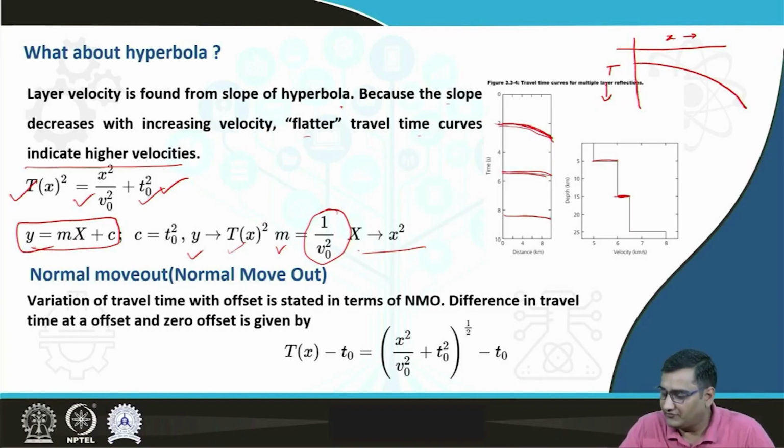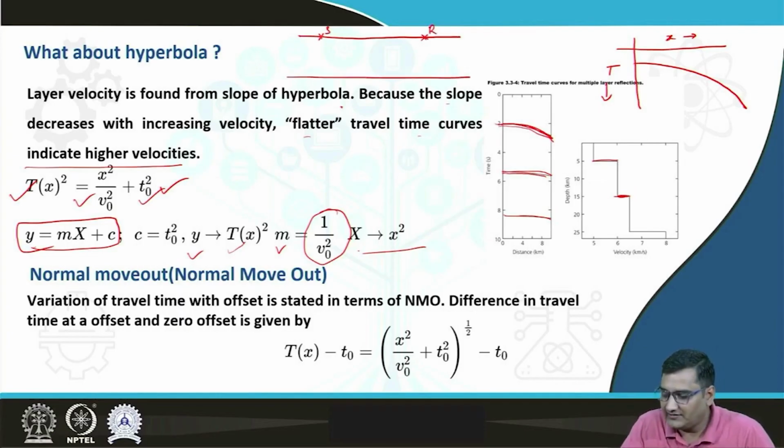Each point of the reflection hyperbola represents a reflection event coming from a point at the interface. Let's suppose this is your surface, on top of the surface you have the source and there you have a receiver, and this is your interface.